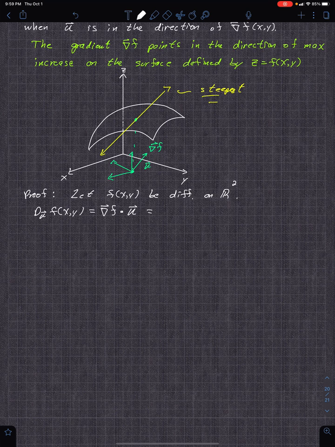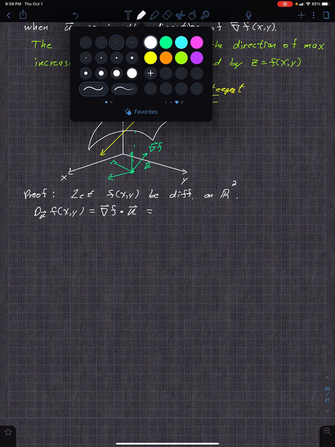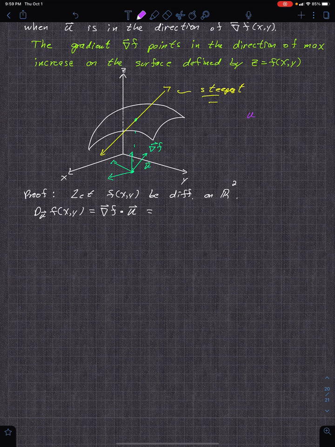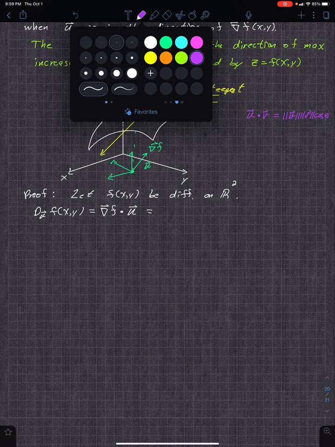Now, do you remember that when you have u dot v, that's equal to magnitude u, magnitude v, cosine theta? Right? We have a dot product of two things, so we can write it in this form. That's why we did it way back when, for a number of reasons.